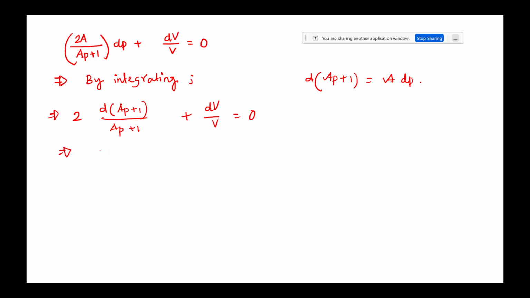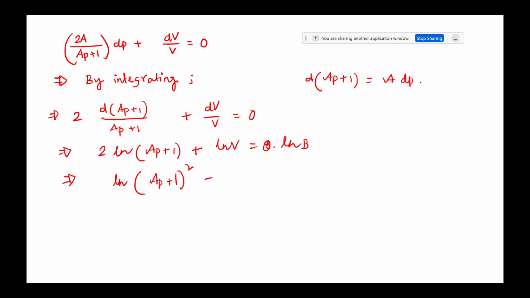Now after integration we get 2 ln(A P plus 1) plus ln V equals, not 0, but ln B, an integration constant. So we can write ln of (A P plus 1) whole squared plus ln V equals ln B, and in terms of that, (A P plus 1) whole squared V is equal to constant.